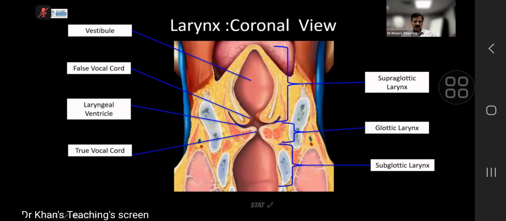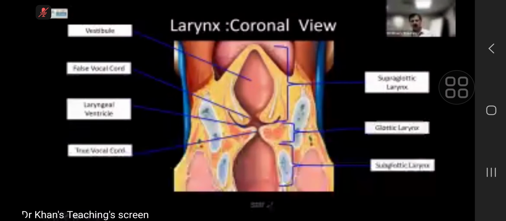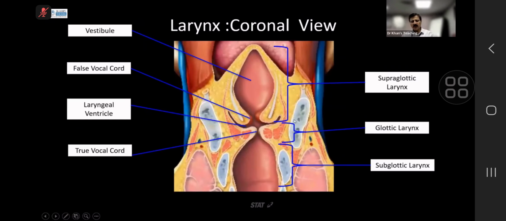Now, this diagram is very, very important, because now we are dividing the larynx into three parts. The true cord level, so this is the glottic larynx.